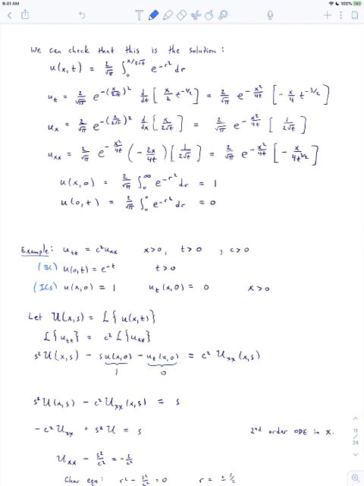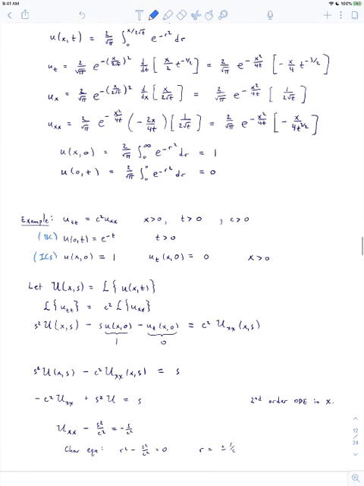This will be equal to the Laplace transform of the right-hand side, which is c squared, because that's a constant, times the second partial with respect to x of capital U. All right. So once again, we've turned this partial differential equation into an ordinary differential equation in terms of just x. So once again, it's second order, it's linear, so we can get it into standard form.